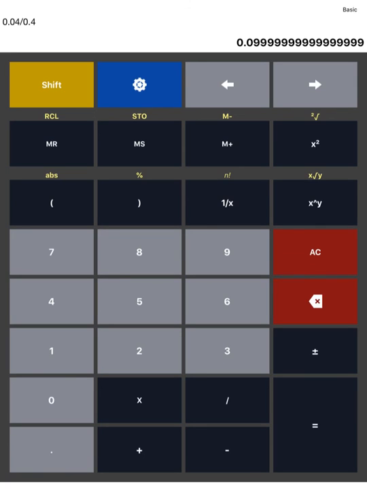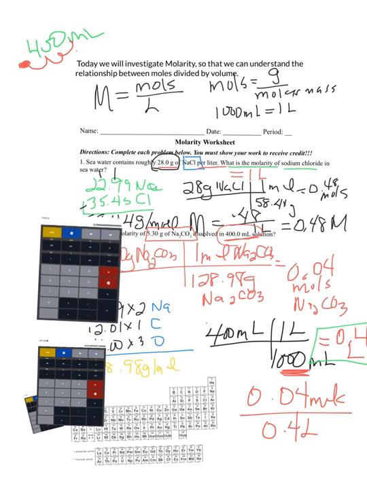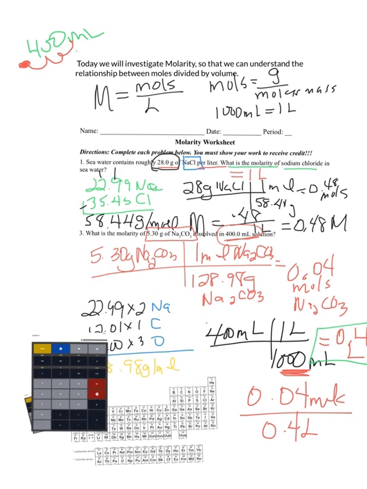We're ultimately going to end up reducing that or simplifying that to 0.1. Capital M. We're solving for molarity. Our unit is capital M. And that's our problem.